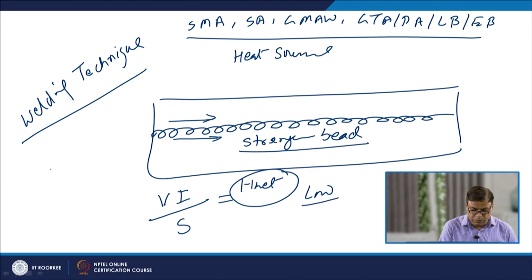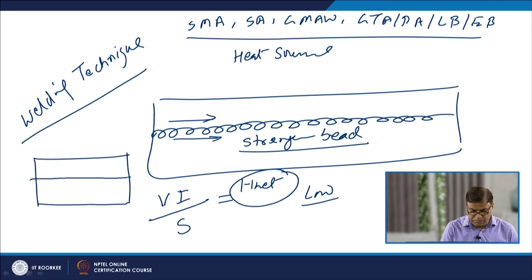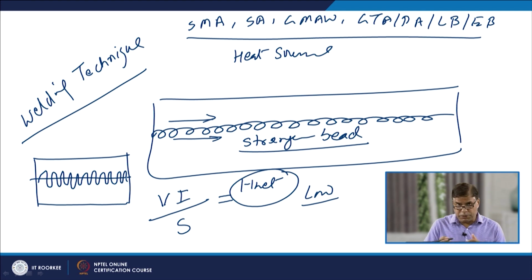On the other hand, in the case of the weaver bead, the heat source is oscillated about the weld joint line like this. There are various oscillation patterns used to oscillate the movement of the heat source during the welding, so that more heat can be delivered.